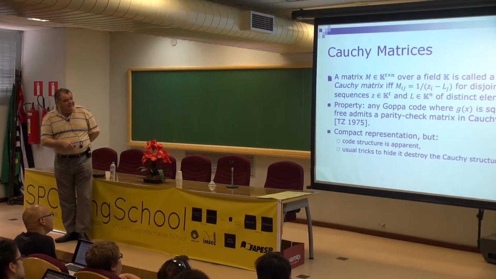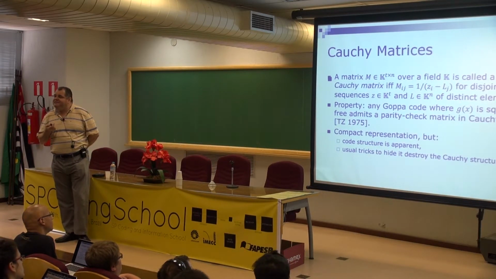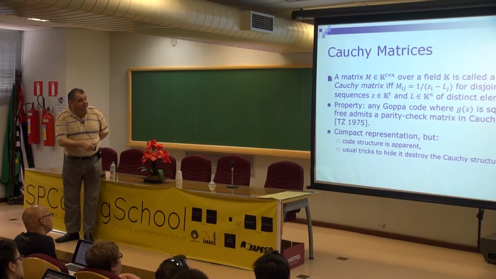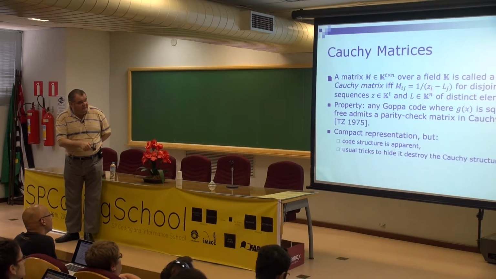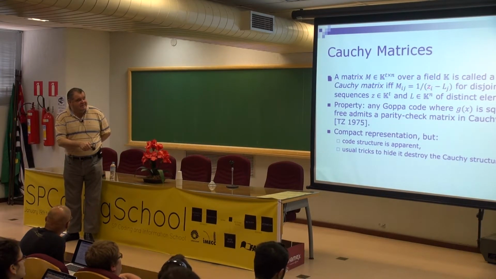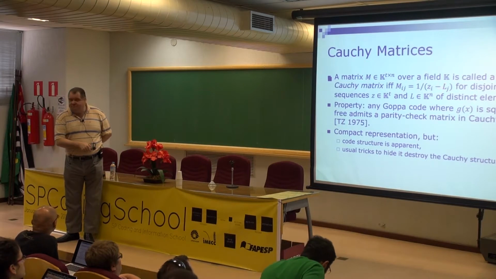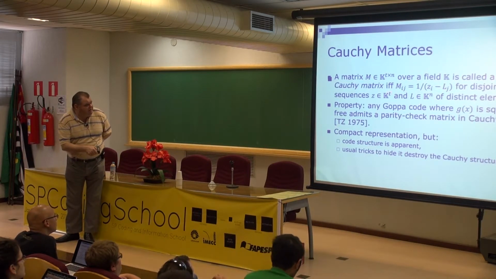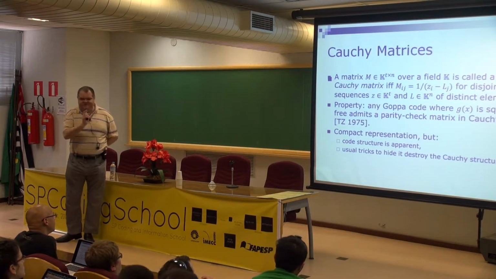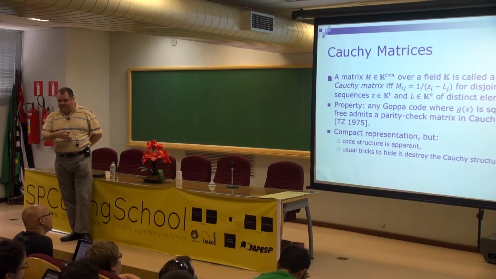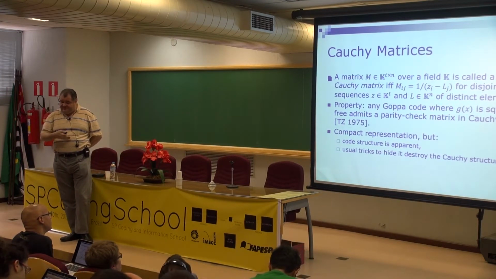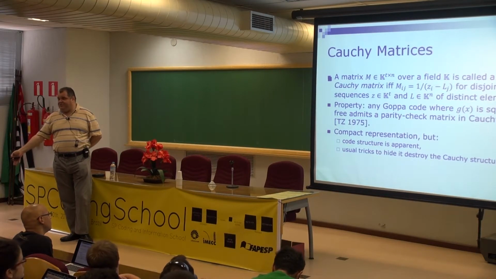Well, we can see here that a Cauchy matrix has a very short representation. Instead of storing the whole matrix M, we could simply store the sequences Z and L. It should be N here, but T is fine as well. So instead of quadratic storage, we have essentially linear storage.